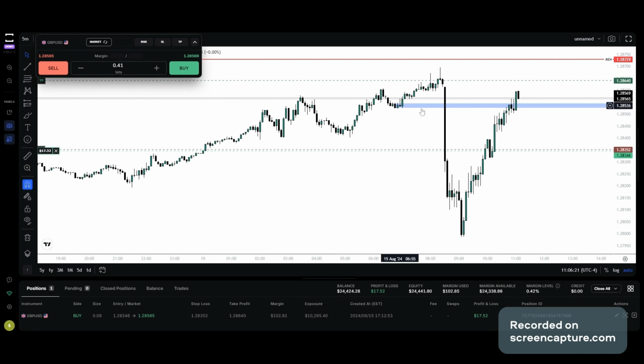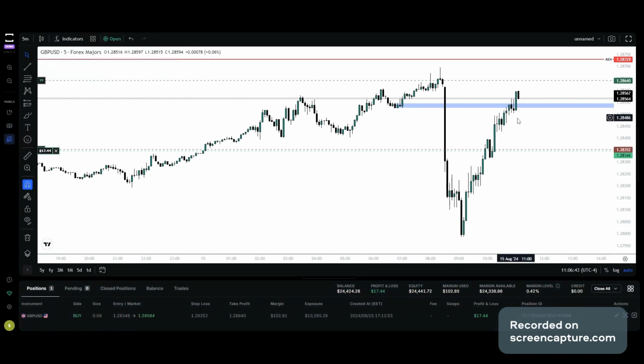Once price closed above this level here, and all this level is a breaker, it's a 5 minute breaker. But once price closed above that breaker, or once it really got into it, I was really looking for the 858 level to take 80% off.